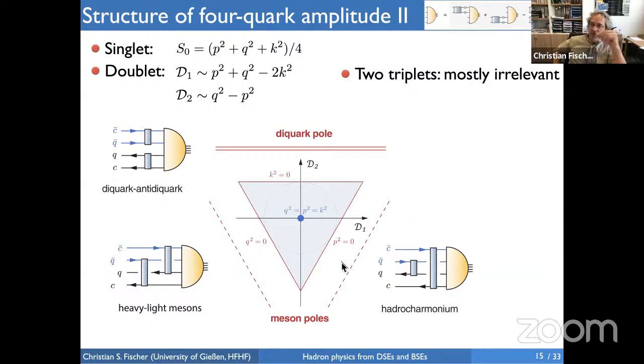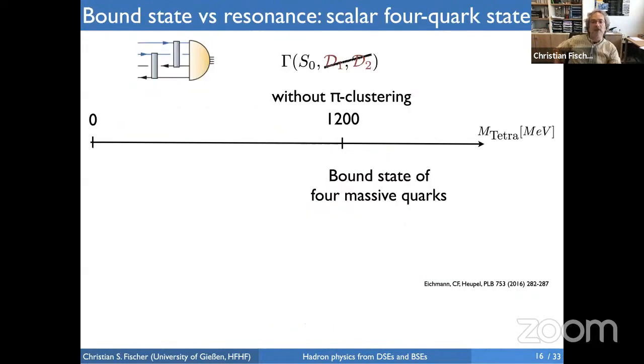And by this process, we can actually decide which ones of these internal structures is most likely to be realized in nature, has the most influence on our four-quark state. So this allows us to assess the internal structure of these four-quark states. Let me demonstrate this with the example of these light scalar four-quark states.